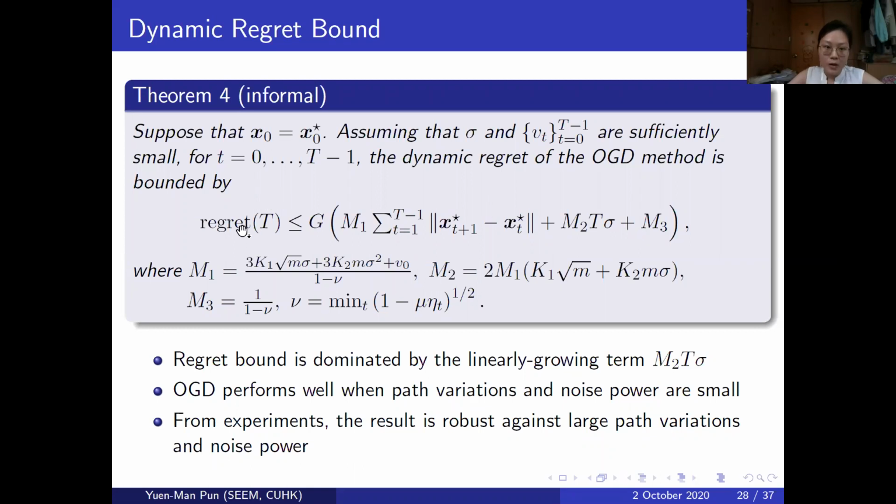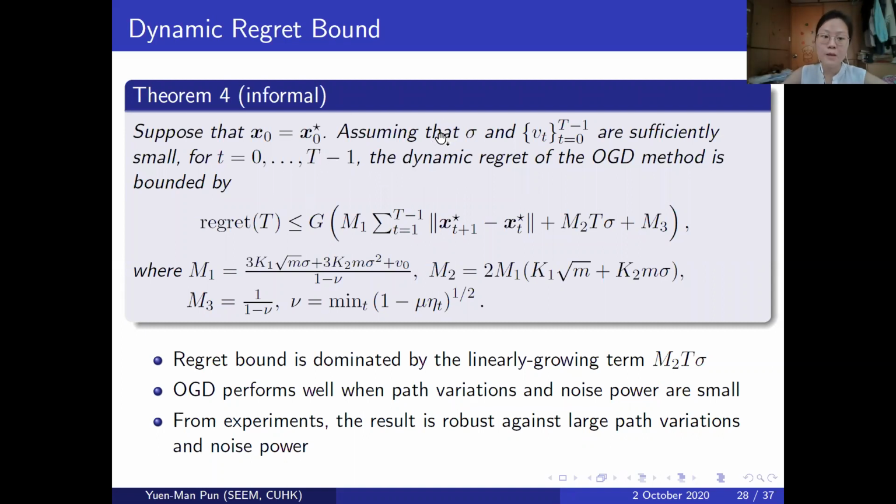So when the path variation is very small, and the noise power sigma is also very small, then the regret bound is upper bounded by some small quantity, and that means online gradient descent performs well in such a scenario. It makes sense, because when the path variation and noise power are small, of course we can estimate better, right?